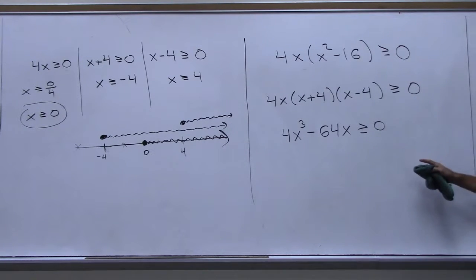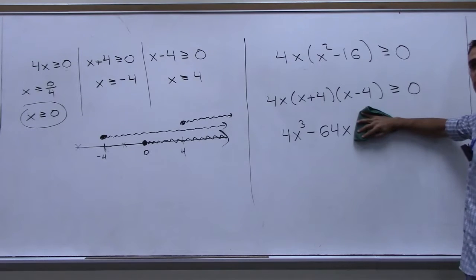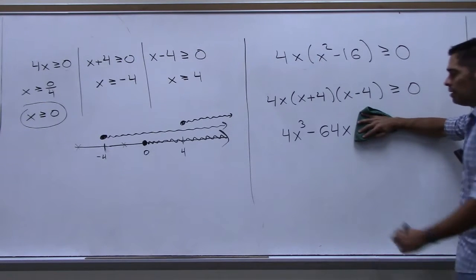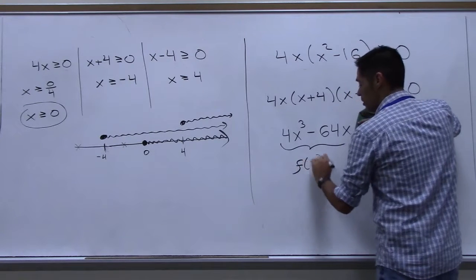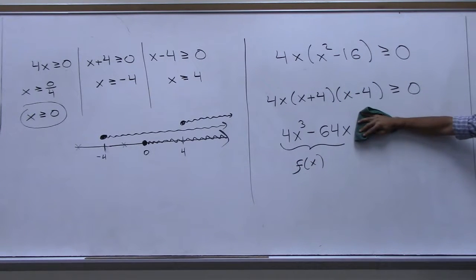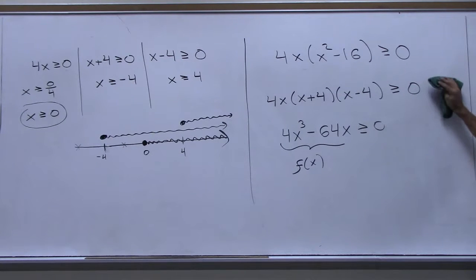What I want you to do now is act like that inequality is not here, and look at this left side as a function. If that is a function, what type of function is it? Is it a line, quadratic, polynomial, rational? It's a polynomial function. Could you graph that for me? How would you graph it?